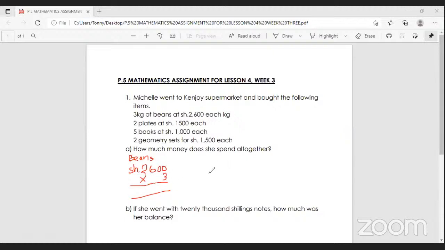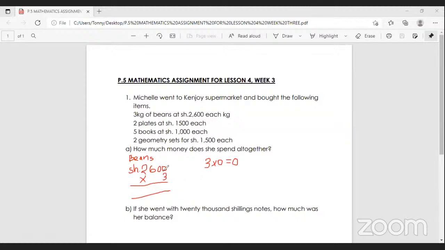Okay, let's multiply from here. 0 multiplied by 3. 3 times 0 is equal to 0, isn't it?